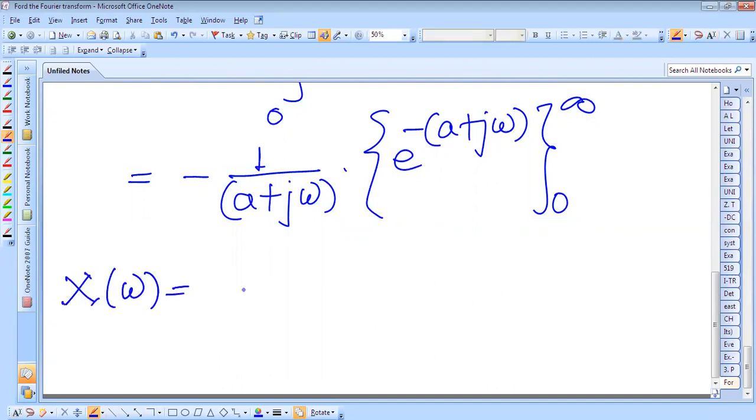X of omega is equal to minus 1 by a plus j omega.